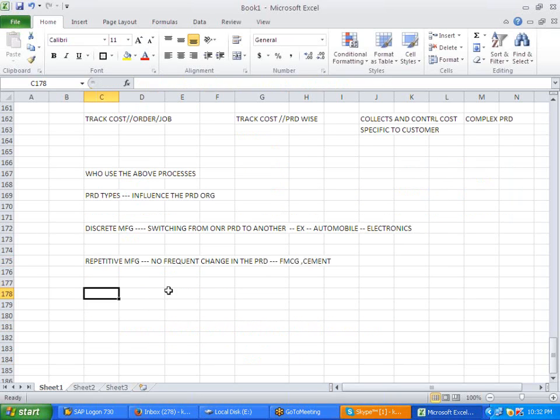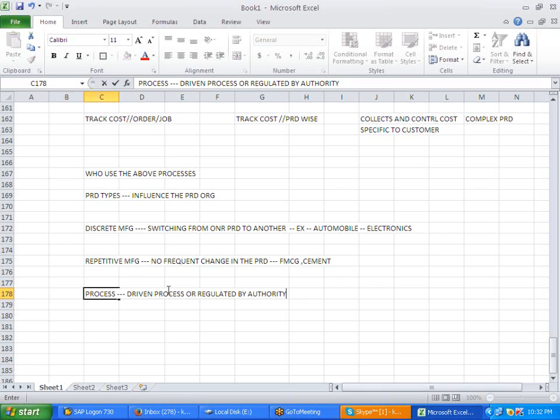Next, process industries. These are driven by process, or regulated by authority. Just now I was saying, it is regulated by the law of the land. You have to follow their law. You have to mix this much.